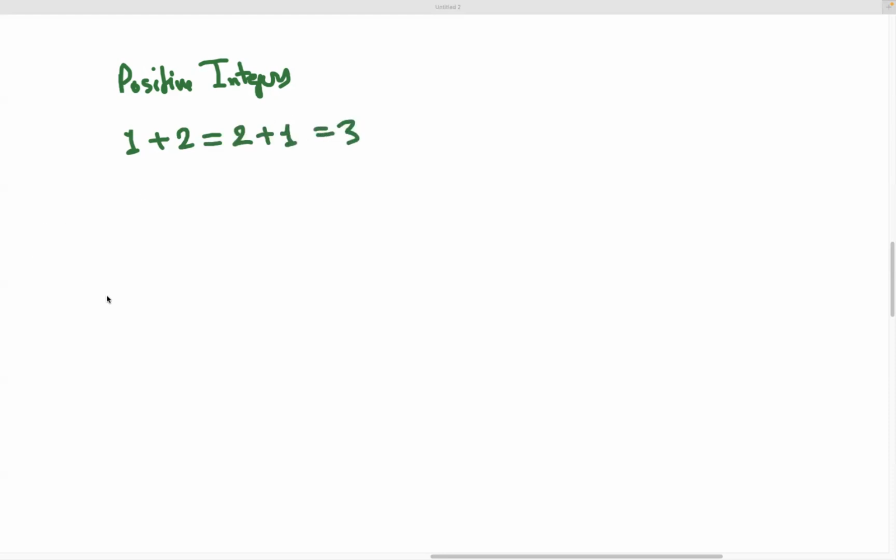Again, if we have negative integers and we try to write minus 1 minus 2, that is the same thing as writing minus 2 minus 1, and that is going to be equal to minus 3. And so these are the points we need to remember.